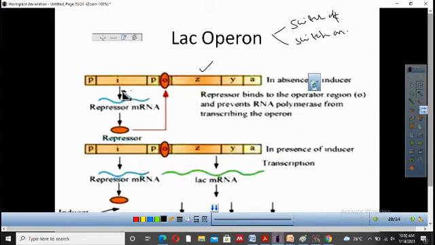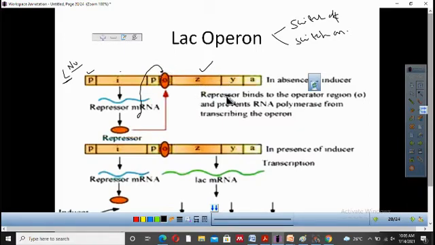When there is no lactose present, the repressor will form because it has its own promoter. This repressor will bind to the operator region, and when the operator is bound, there is no synthesis.